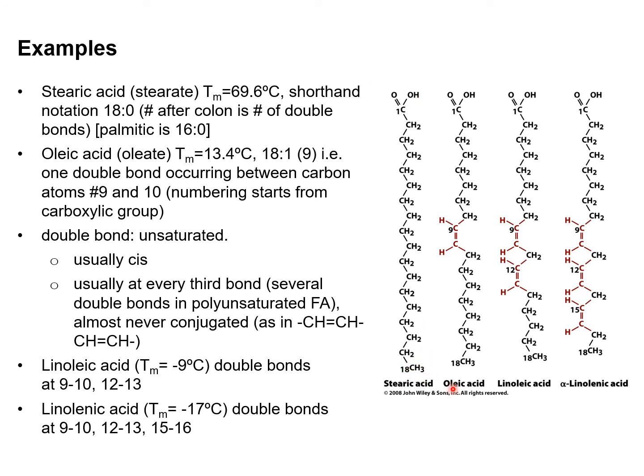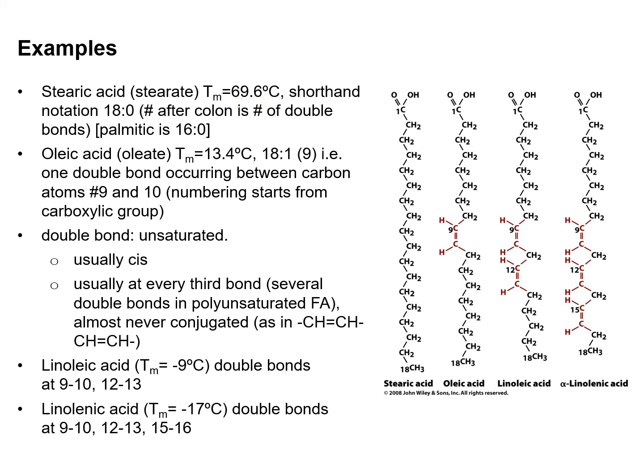All these four different types of fatty acids, stearic acid, oleic acid, linoleic acid, and linolenic acid, have the same number of carbon atoms but a different number of double bonds, so their structures differ slightly, and that definitely changes their properties. We're going to take a look at each of the structures as well as how those structures affect their properties. The first one we're looking at is stearic acid, or stearate, whose melting temperature is 69.6 degrees C.